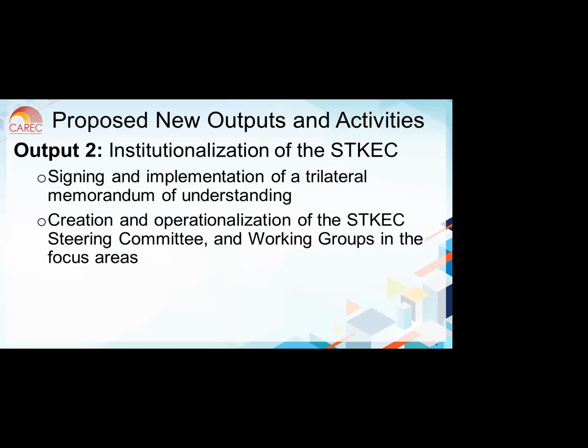We hope it will be signed soon. Second, we will support the institutional setup of this trilateral economic corridor, namely the creation and the operationalization of the corridor, including steering committee and working groups in the focus areas.